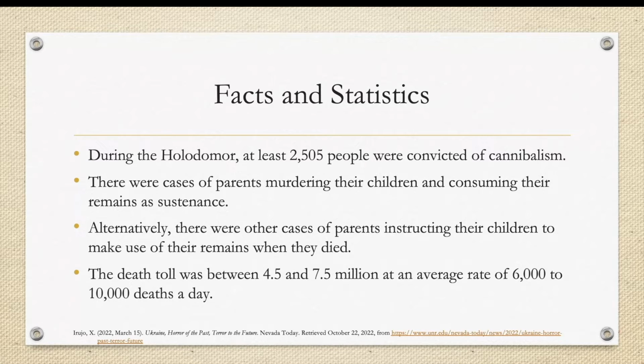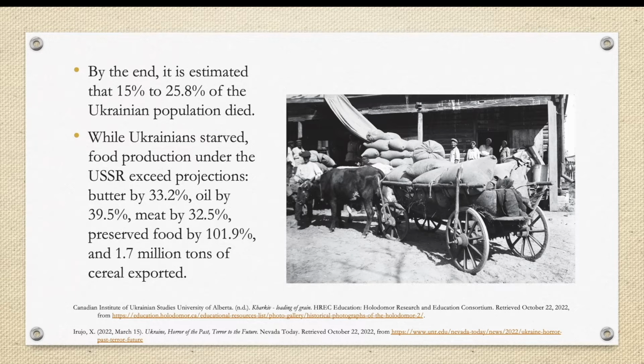The death toll was between 4.5 and 7.5 million at an average rate of 6,000 to 10,000 deaths a day. By the end, it is estimated that 15% to 25.8% of the Ukrainian population died.